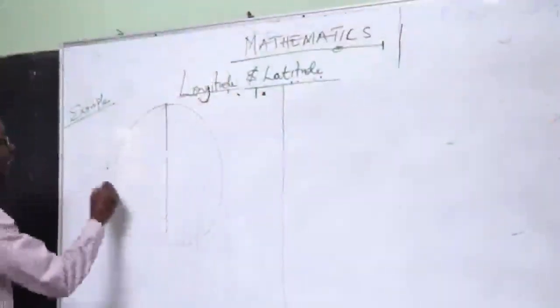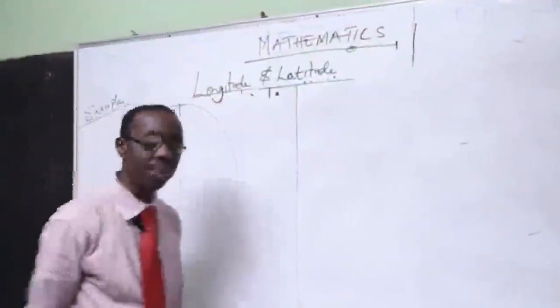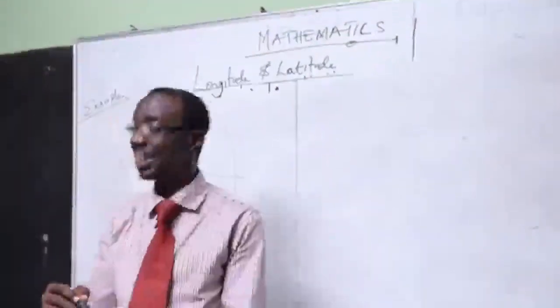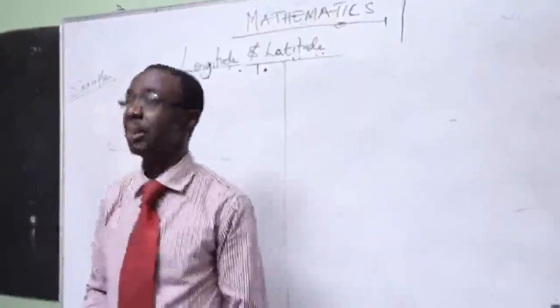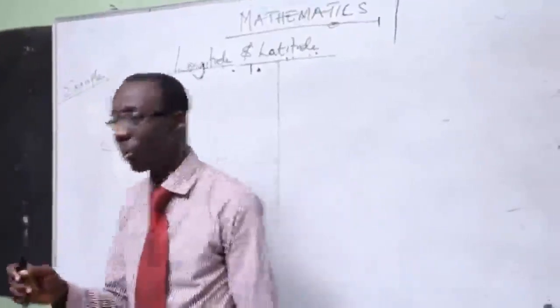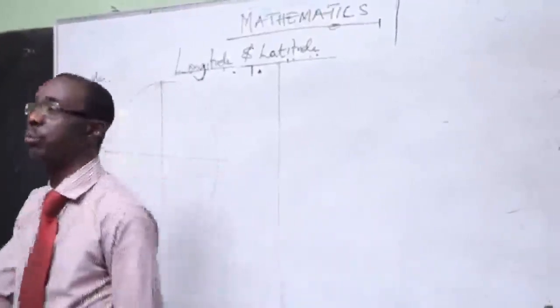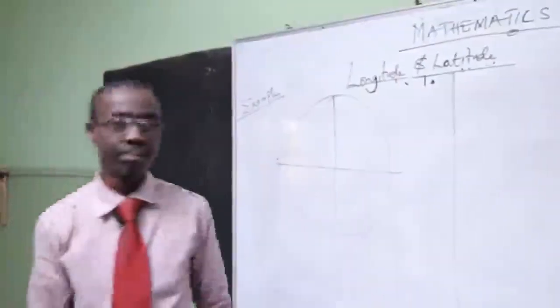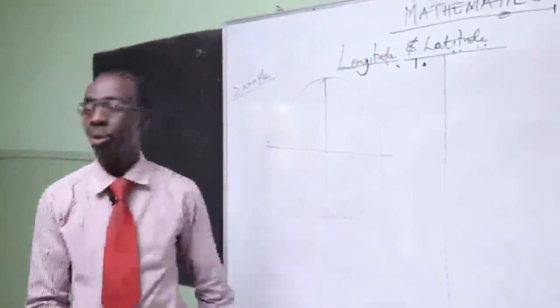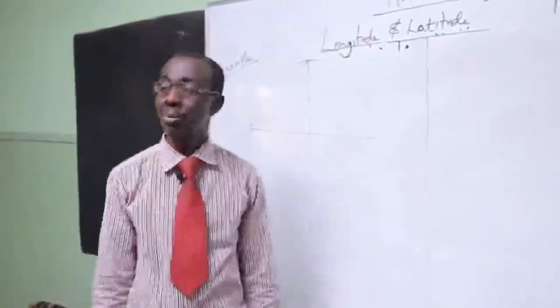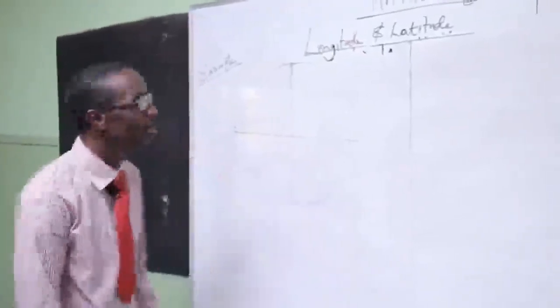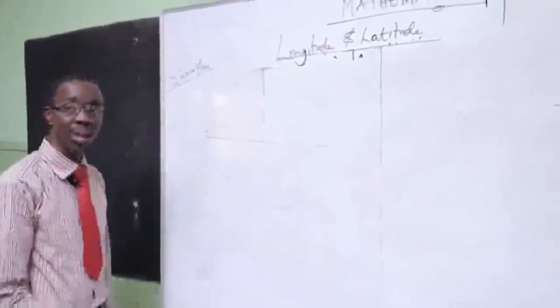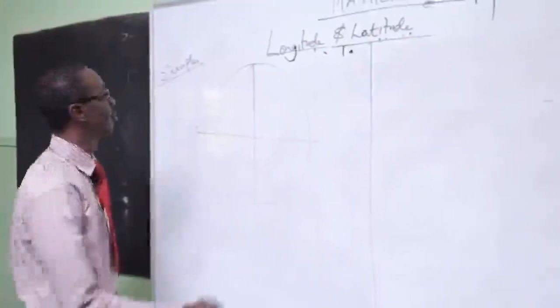The first thing that should be emphasized when you are solving diagram problems, which longitude and latitude is one of them: please don't solve a problem without drawing the diagram. It's important because the diagram also attracts marks.